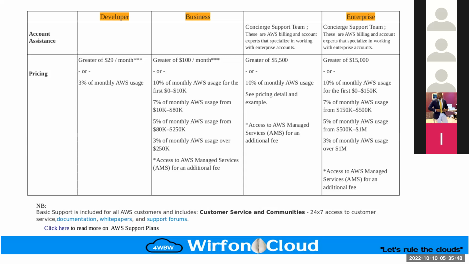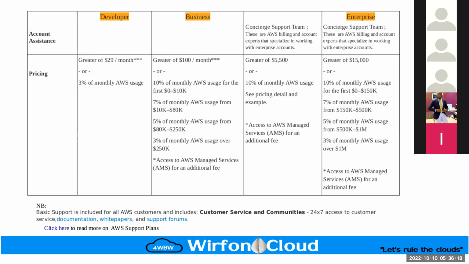And the enterprise has the concierge support team, which are AWS billing and accounts experts that specialize in working with enterprise accounts as well. So when you talk about account assistance, you know that two support plans give you access to the concierge support team, and these are Enterprise On-Ramp and Enterprise.